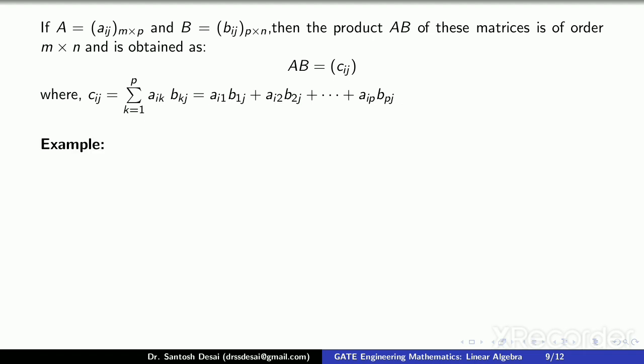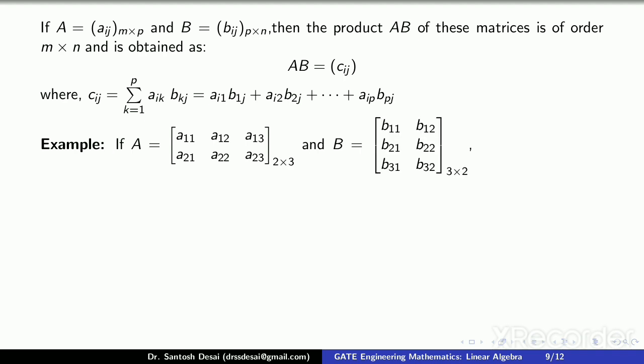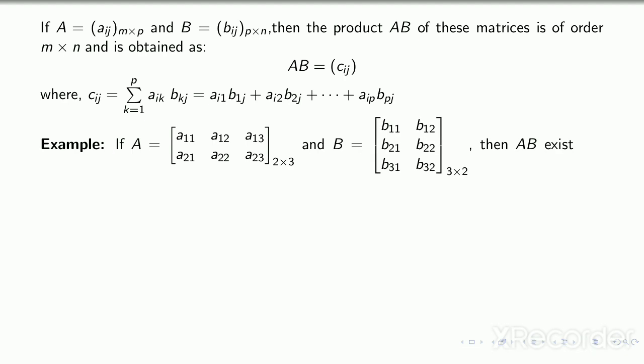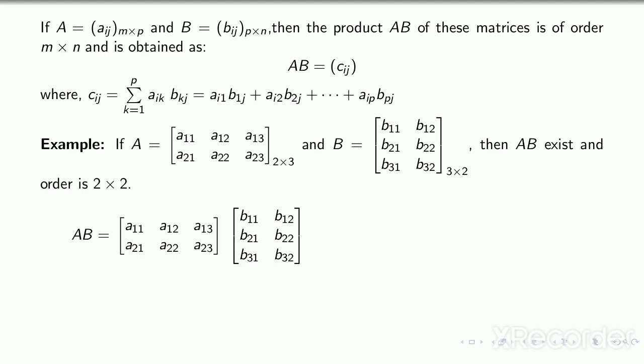Now we consider one example to take the actual product of two matrices. Let A be a matrix of order 2 by 3, B be a matrix of order 3 by 2. Here AB exists and the order of AB is 2 by 2. So therefore AB is equal to, first we write the matrices A and B. Since the order of AB is 2 by 2, its resultant will be C11, C12, C21, C22.